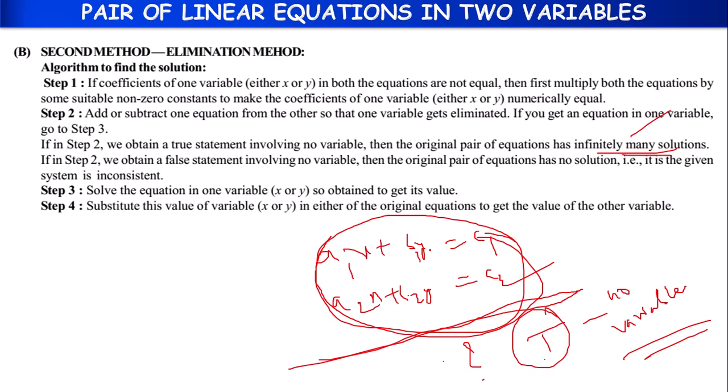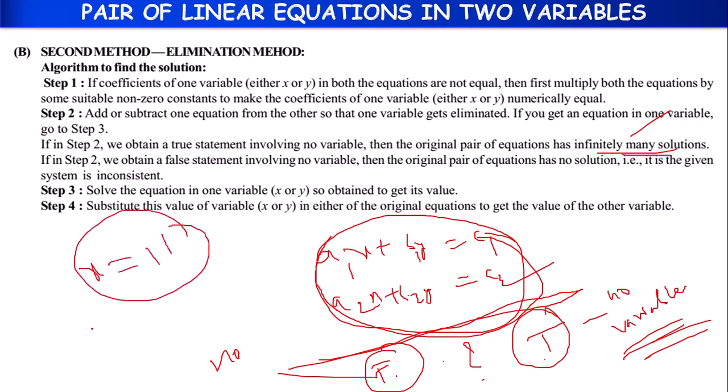Suppose you add or subtract the two equations, and you get a false statement with no variable, then there will be no solution. In the previous example, we got an equation in one variable, so there was one particular solution.